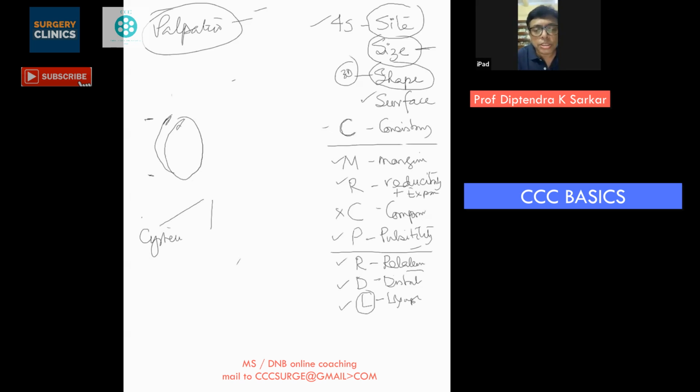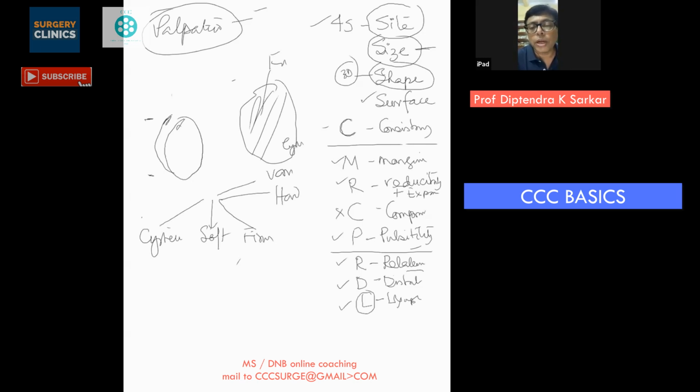Number two, soft. Number three, firm. Number four, hard. And in certain circumstances, when there is a big swelling with central degeneration, it can have areas that are cystic and areas that are firm, and that becomes a variegated one.